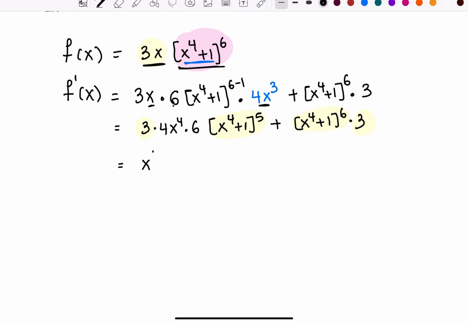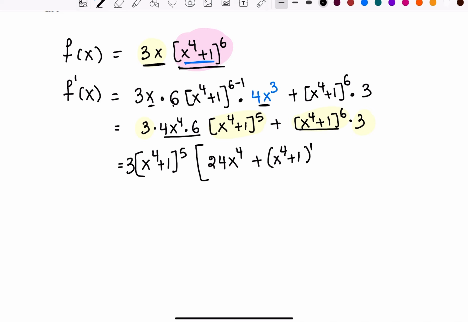I'm taking (x^4 + 1) to the power 5 and a 3. When I do that, what am I left with? 6 times 4 is 24x^4, plus I've taken out 5 (x^4 + 1)s from here, so I have (x^4 + 1) to the power 1, and I've already taken out the 3.